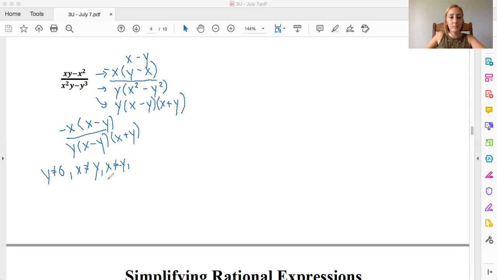And the opposite as well. Okay, goes both ways. These 2 cancel out. We are left with negative x over y times x plus y. I'm doing great with this writing stuff today.